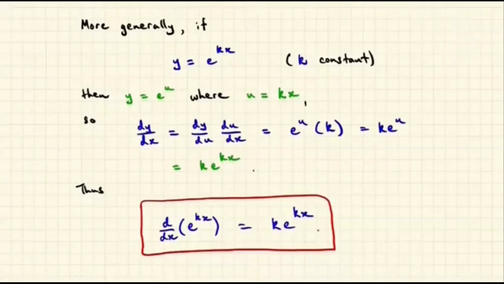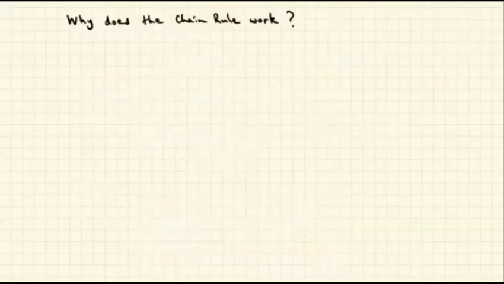Now, you may be curious to know why the chain rule works. Let's look at the proof. Let's take the idea of canceling differentials in the numerator and denominator and relate this to the formal definition of the derivative in terms of limits.